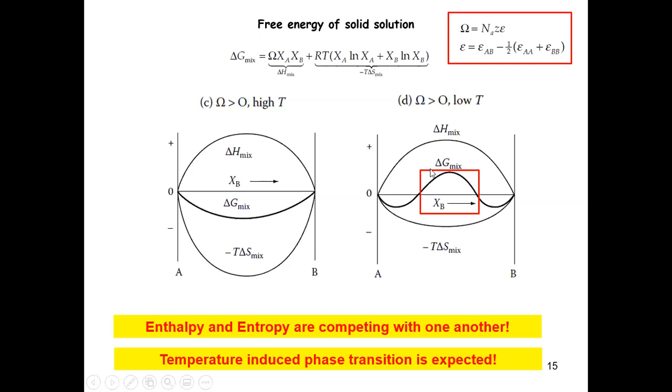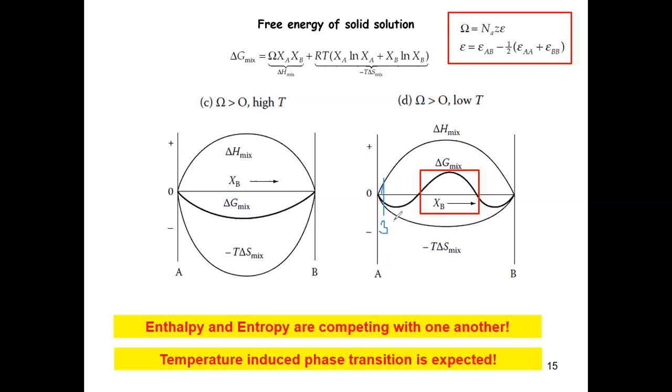The interesting thing is that suppose I prepare the system with different compositions. In the first case, I prepare a system with low composition, say around here, a very small amount of B and A, maybe 3% or 2%.